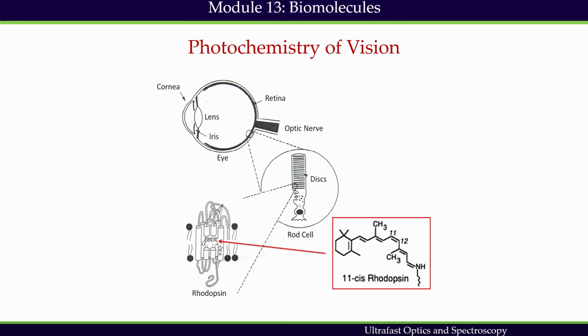Our next discussion will revolve around ultrafast relaxation of a biomolecule, which is involved in the photochemistry of vision. Many of the sensory information about our world come to us through our eyes. How do we see? What is the initial step of vision?